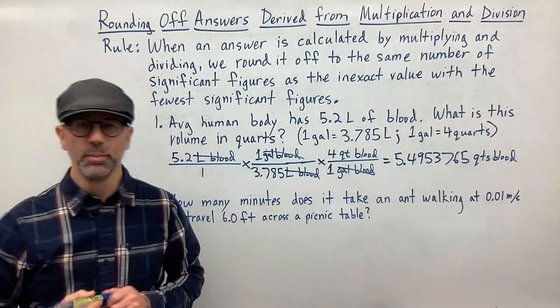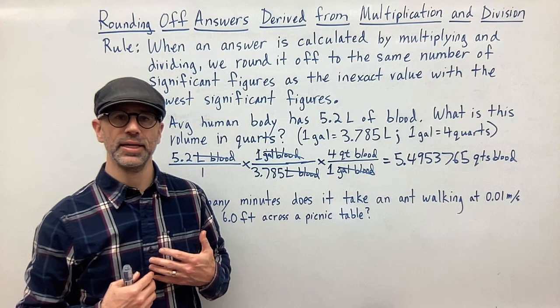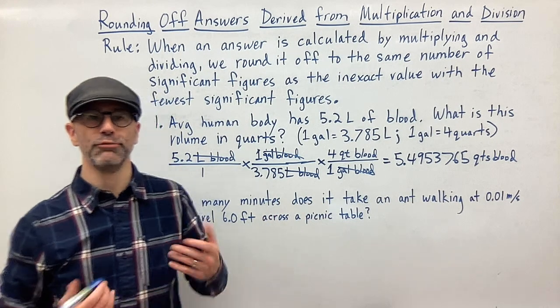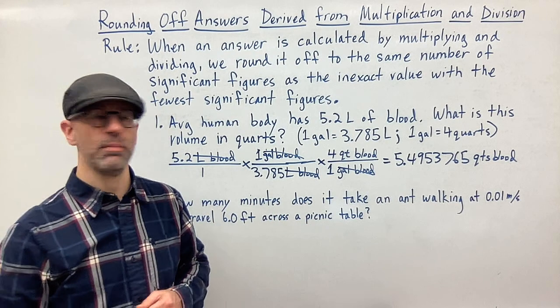Now, that's what the calculator gives me, but I'm not really going to be able to keep all those digits. So I have to figure out where I cut off my number.